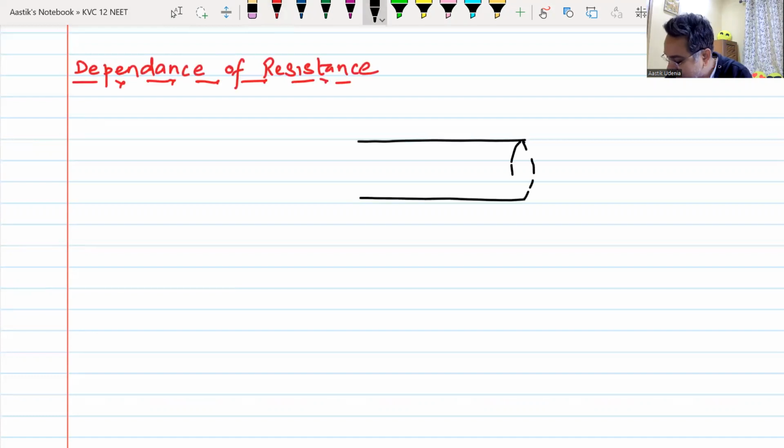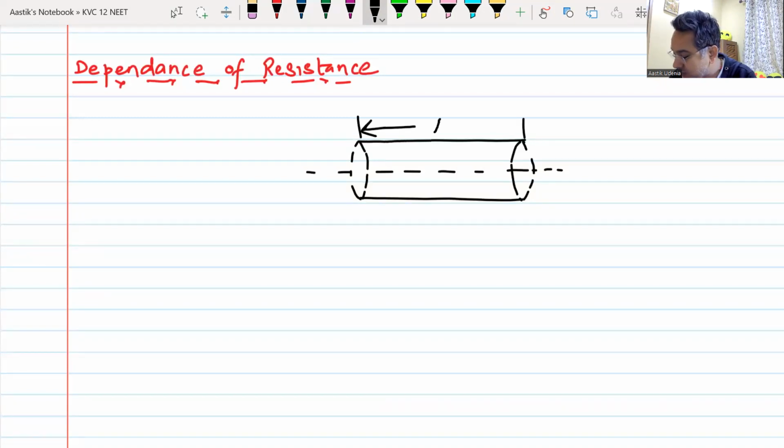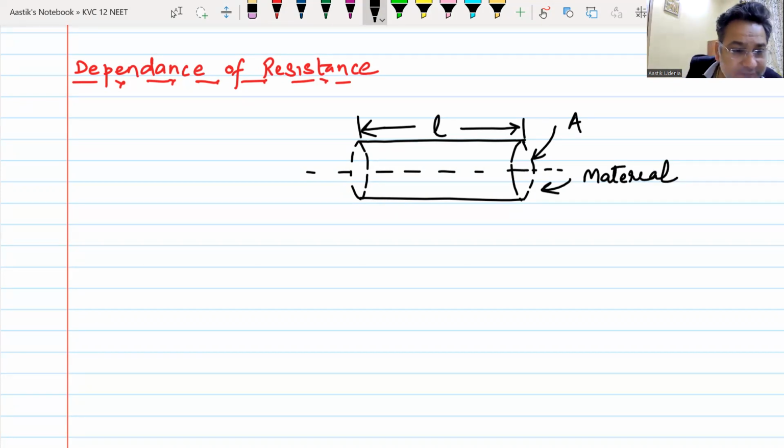Let us suppose that this is the conductor that I have. Every conductor has a length L. Every conductor has an area A, area of cross section we call it. And every conductor is made up of some material. It could be made up of copper, aluminum, gold, silver.